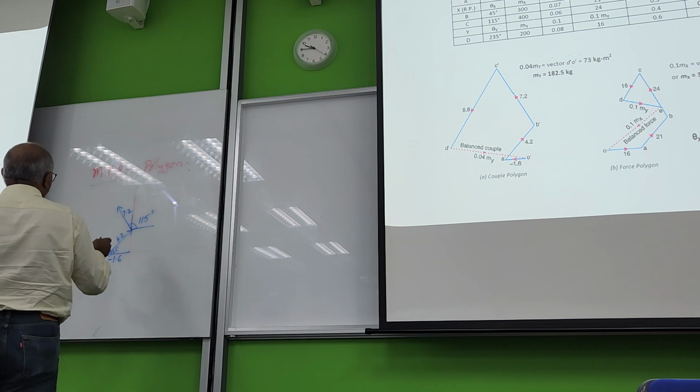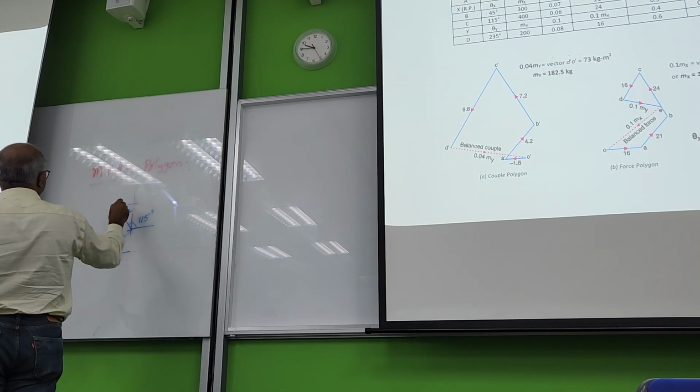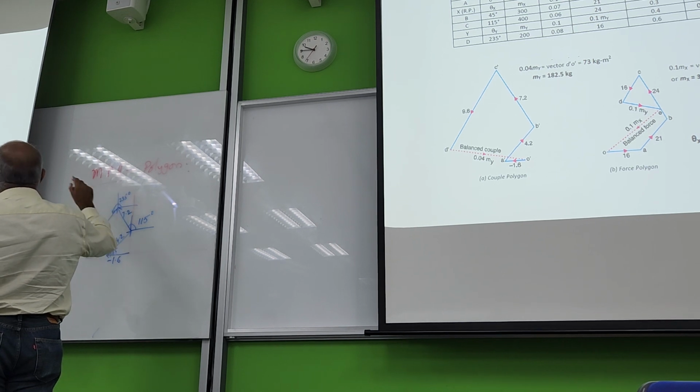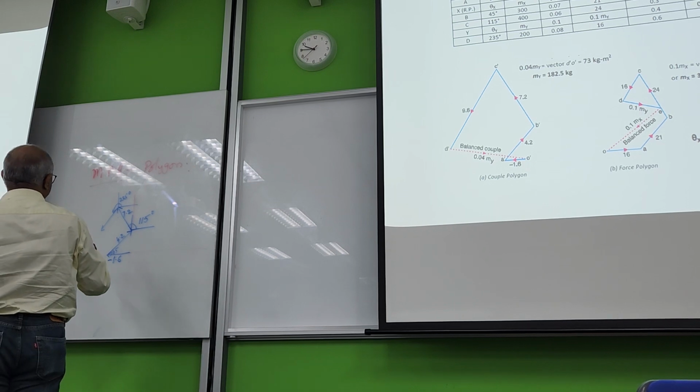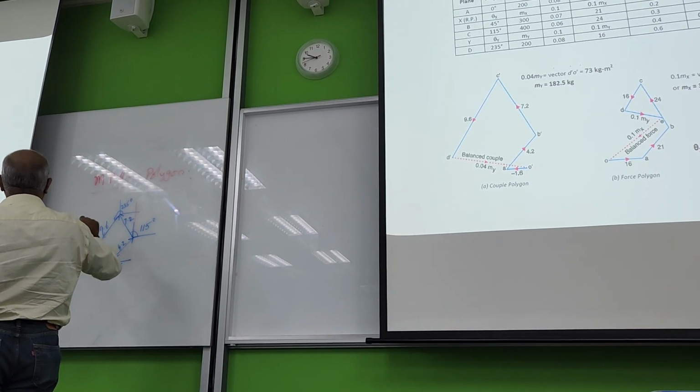Imagine this is the local coordinate axis, 180, and 235 is something like this. The magnitude is 9.6, so you can draw a bit longer. So this is 9.6.